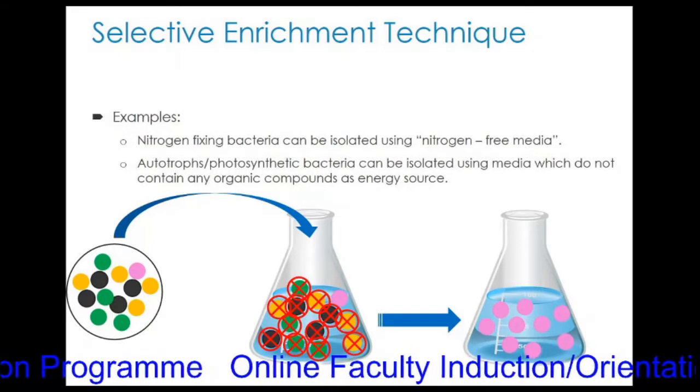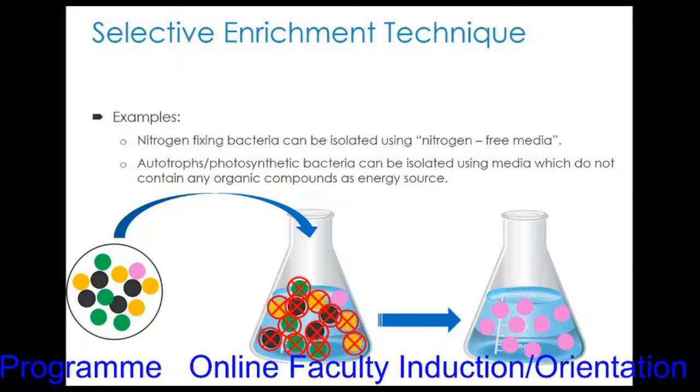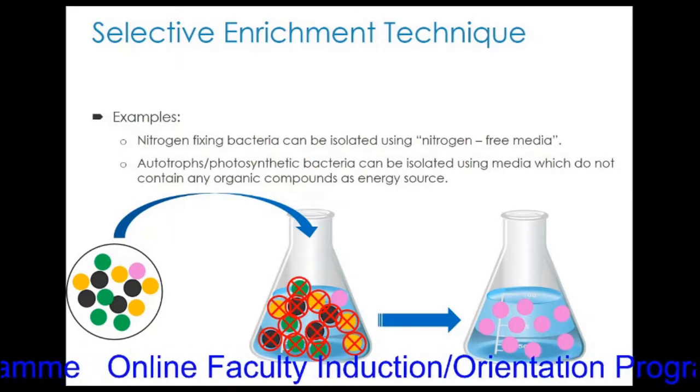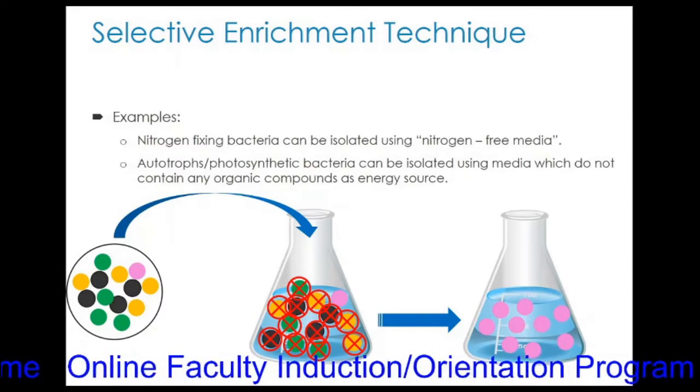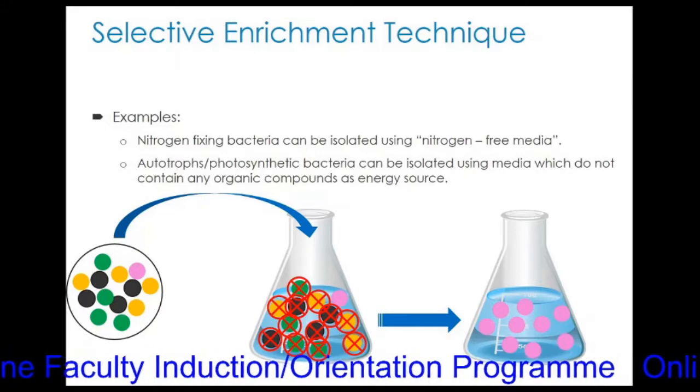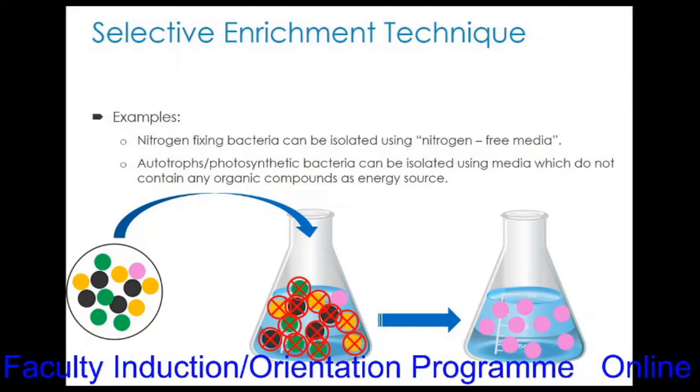Examples: if you want to isolate nitrogen-fixing bacteria, you can use nitrogen-free media, so that only those bacteria which are capable of utilizing atmospheric free nitrogen are able to grow in the selective media.